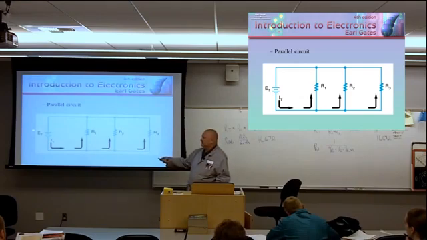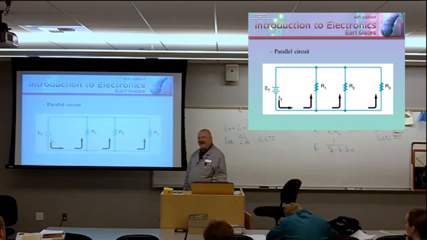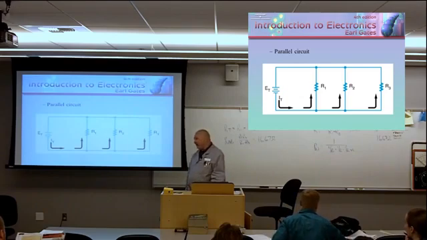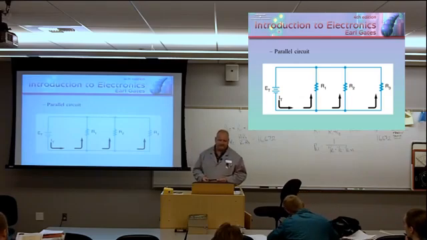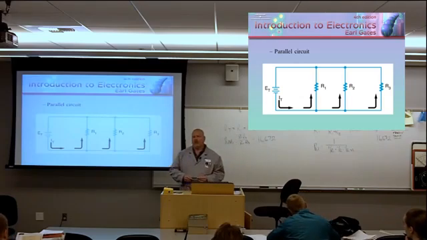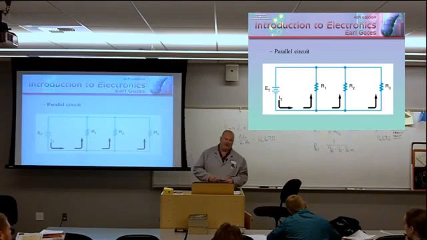So if this is 120 volts, this is going to have 120 volts across it, this is going to have 120 volts across it, this is going to have 120 volts. Kind of like how your house is wired. Your house is wired in parallel. Each of the outlets has the same voltage across them, or they should. If not, you got a problem. That's the most important thing about a parallel network.